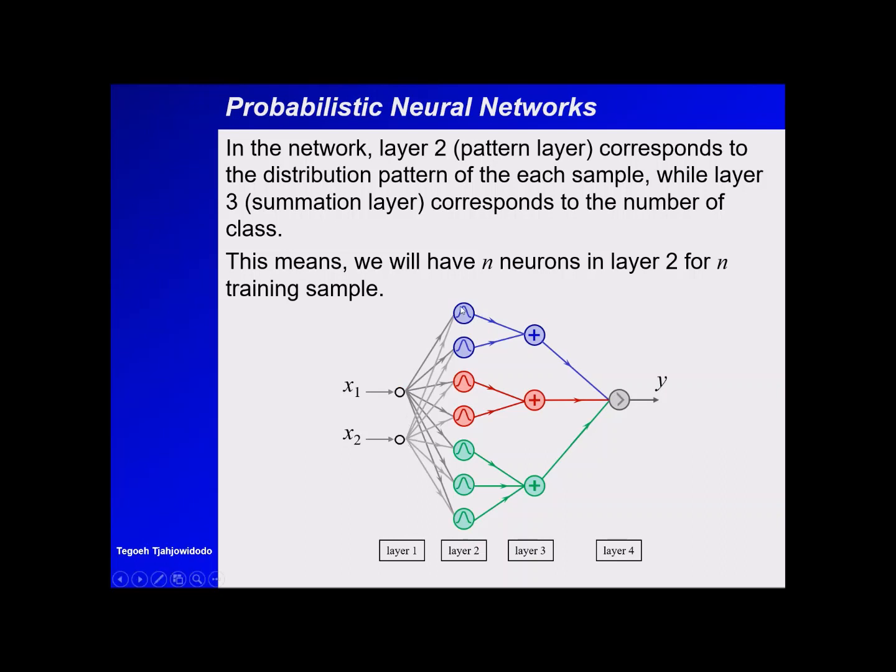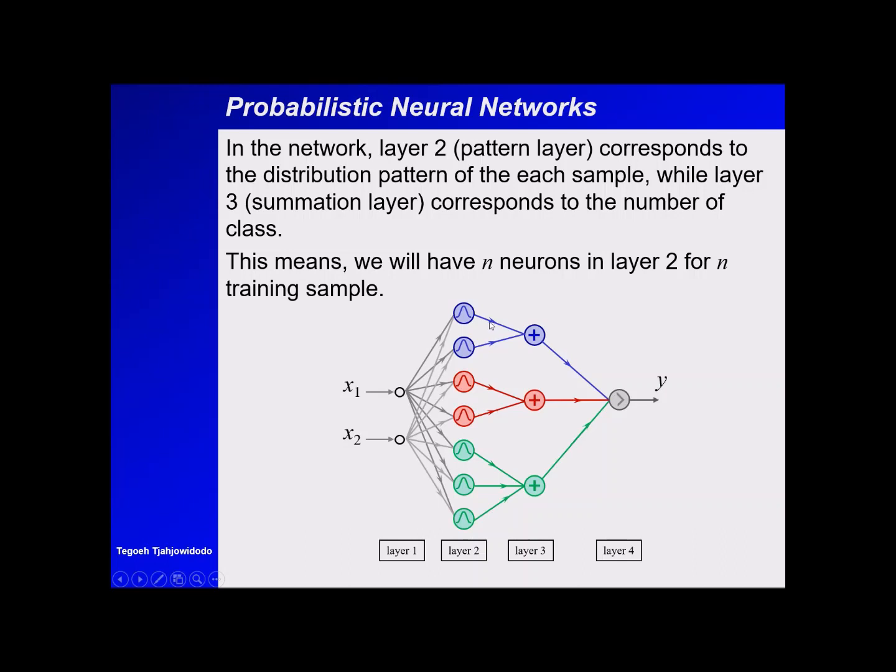And the second layer, what we call the pattern layer, is the most important layer here. The number of neurons in this layer is equal to the number of the samples that we use in the training.